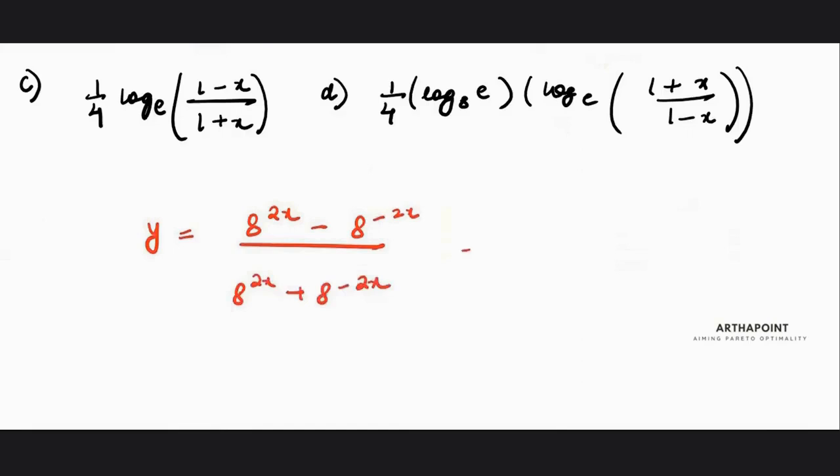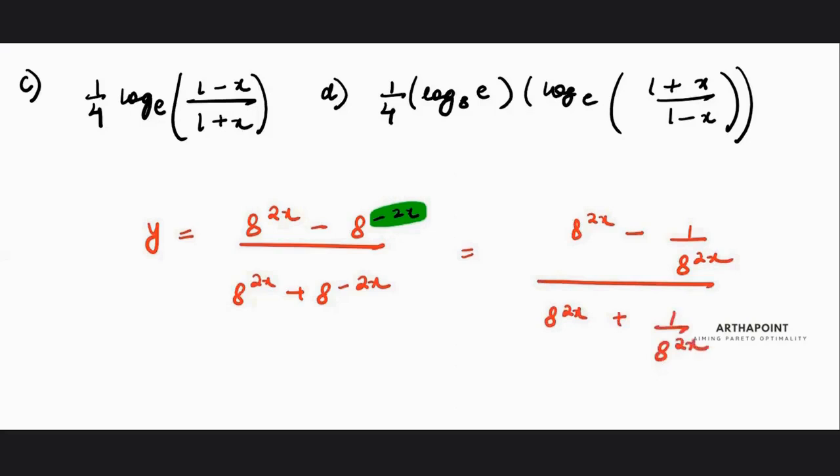In order to simplify this, I'm going to write 8 to the power 2x minus 1 by 8 to the power 2x, because it has a negative power, so it will be reciprocated, upon 8 to the power 2x plus 1 by 8 to the power 2x.